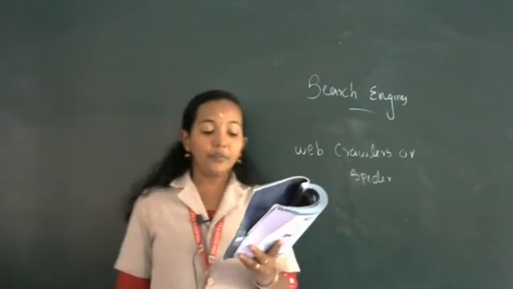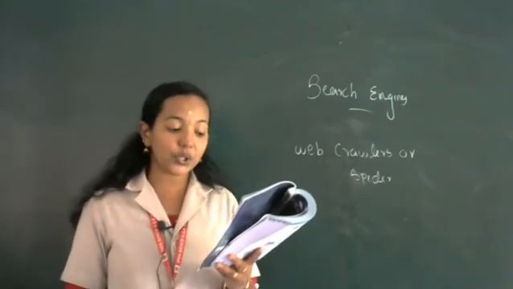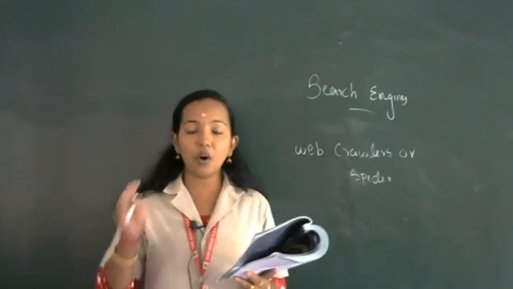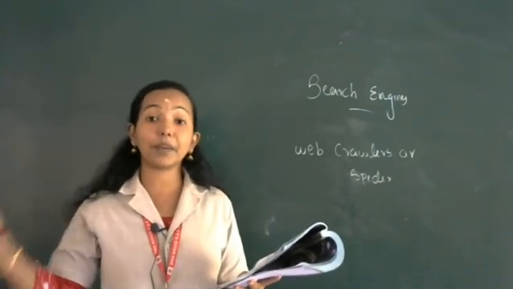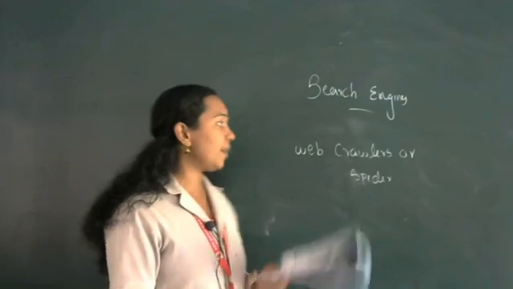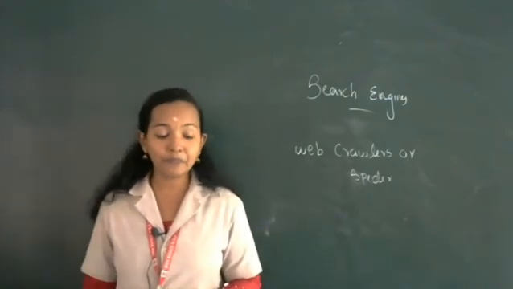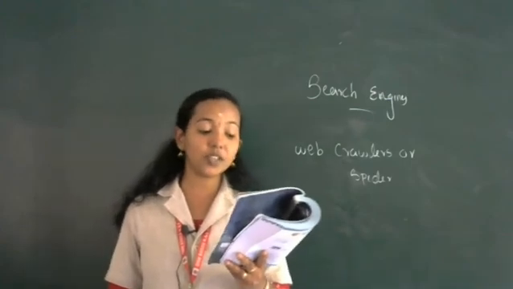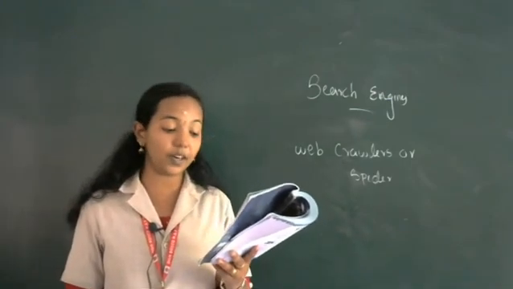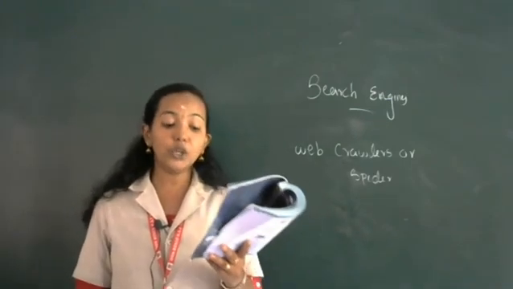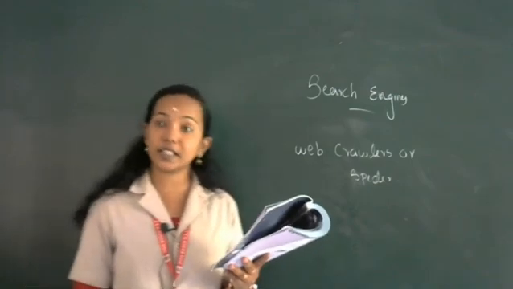Then web crawlers search the web pages stored in different web servers. All these are stored in separate web servers. So the web crawlers or spiders will collect the web pages from those particular web servers. The search engine website stores these keywords along with their URLs to form an index in the search engine's web server.